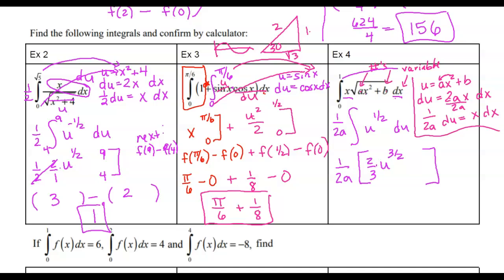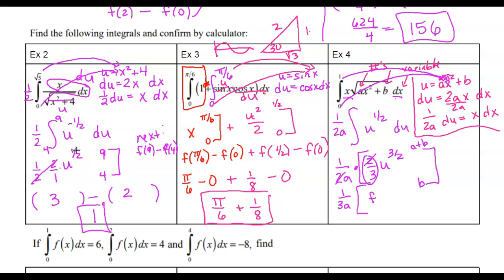So if x is equal to 1, I would get a plus b. If x is equal to 0, I would just get b. Okay? So this can get multiplied. The 2's reduce. And so I get 1 over 3a.